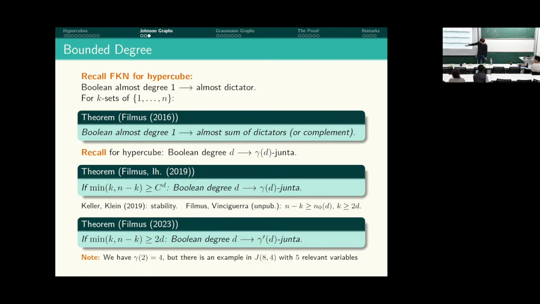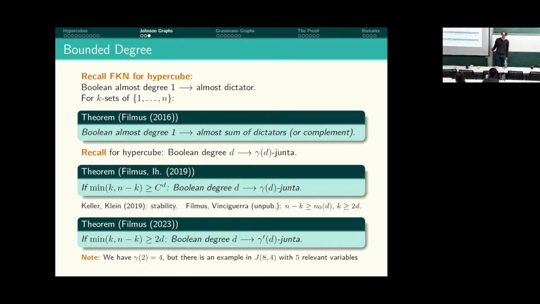And at least these 2 numbers cannot be the same because I know at least one example. I think by now there are more examples. Some people found other examples. But for n equals 8 and k equals 4, I know for d equals 2, there's an example with 5 relevant variables, not just 4.